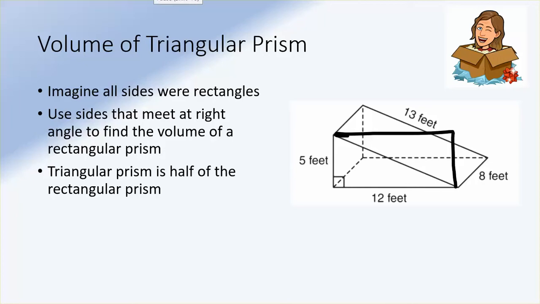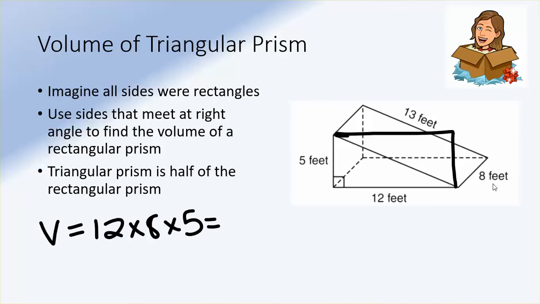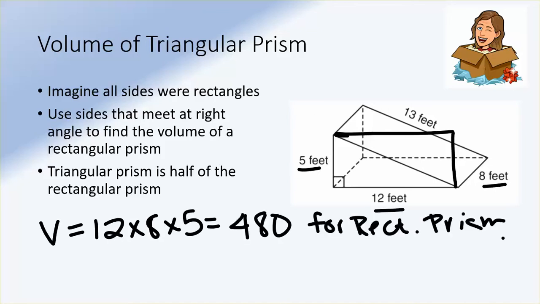So if I had a rectangular prism, I would multiply the length, width, and height. So my entire rectangular box would have a volume of 12 times 8 times 5. That would give us a volume of 480 if I had the entire rectangular prism.